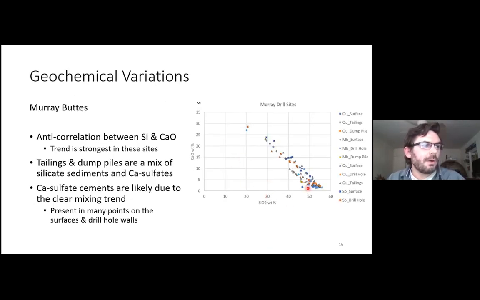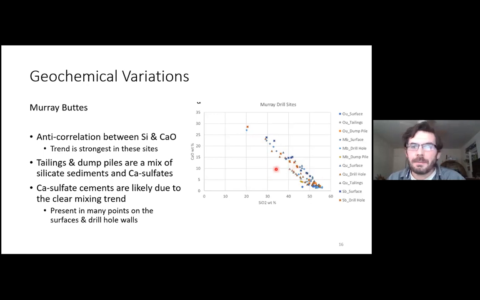All right, so these are the last 4 sites. OU is Odom, MB is Marimba, QU is Quaila, and SB is Sabina. Once again, you have the same anti-correlation between silica and calcium, and this is really the best you're going to see this trend. It's present throughout pretty much everything, with the tailings in the dump piles representing a mixture of silicate sediments and calcium sulfates.